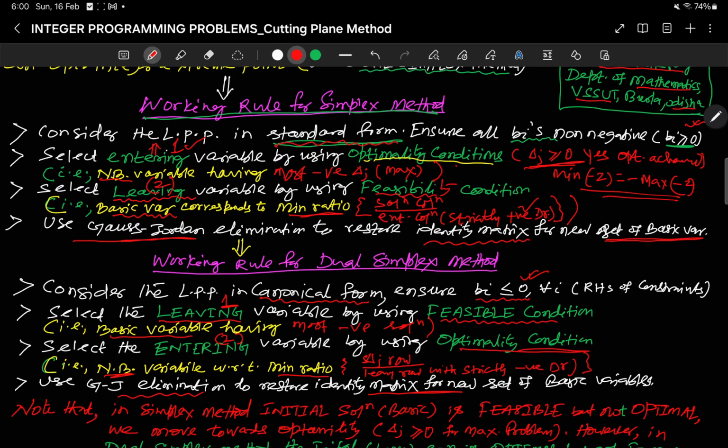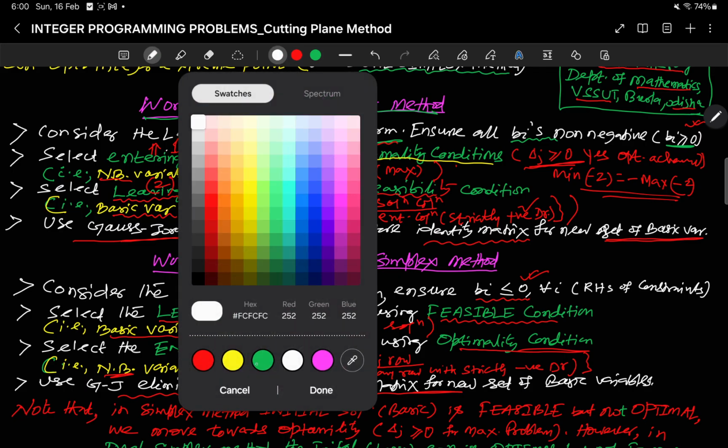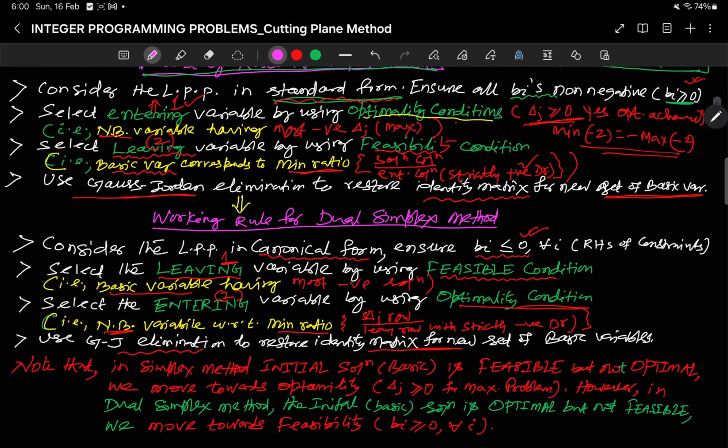Now if you compare these two methods, in the simplex method initially the solution is feasible, meaning we have a non-negative solution, but it is not optimal. We move towards optimality, meaning we bring all del j positive for a maximization problem.